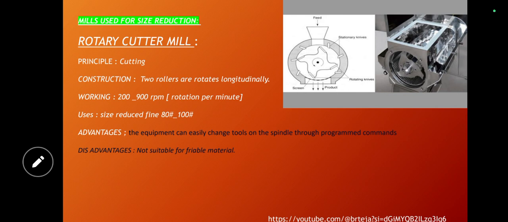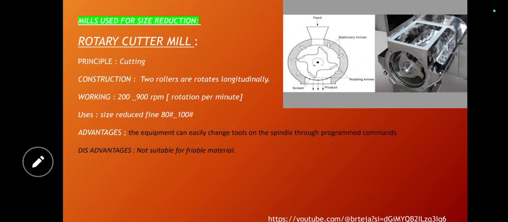The rotor cutter mill is used for size reduction of material from 8 mesh to less than 100 mesh.